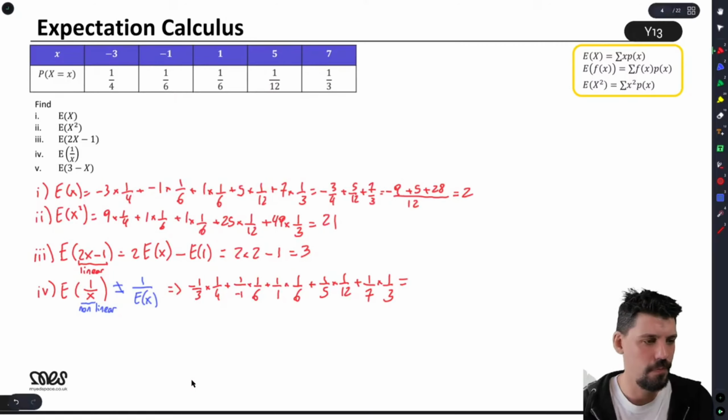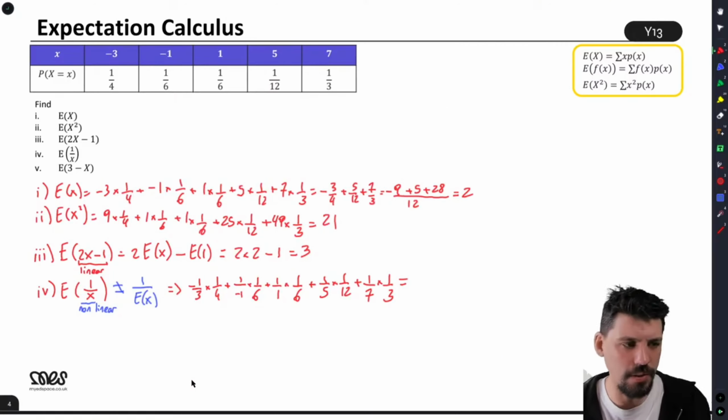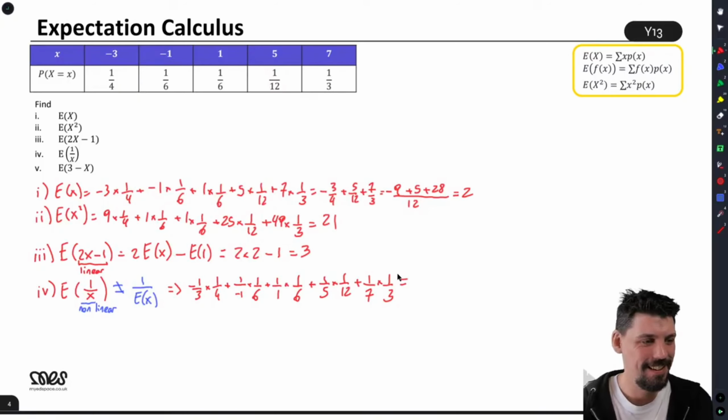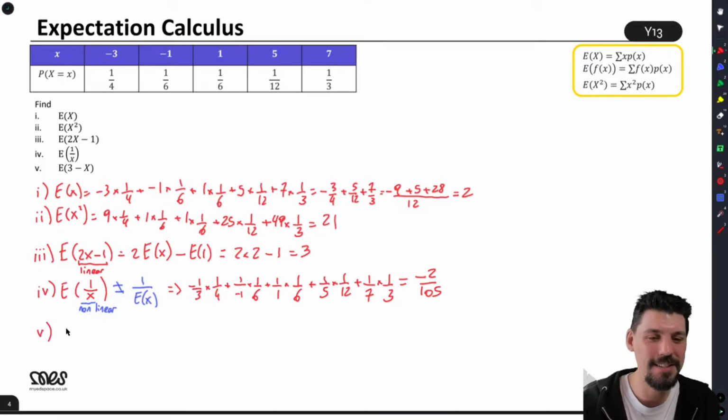Come on. Someone's got to be frantically plugging these numbers into their calculator as we speak. Otherwise, I'll ask Josh to do it. Oh, there we go. You've all done your calculators at the same time. So minus 2 over 105. There we go. Oh, Turan. How are you not on break yet? That's insanity.